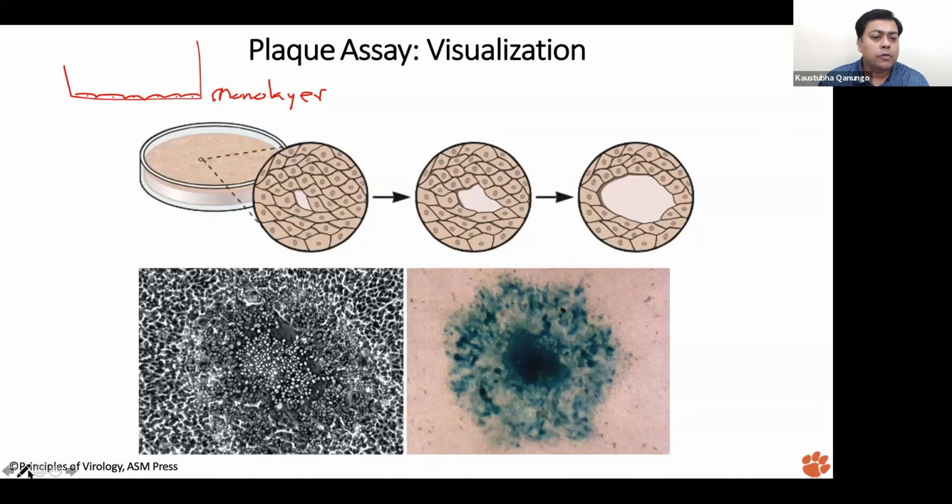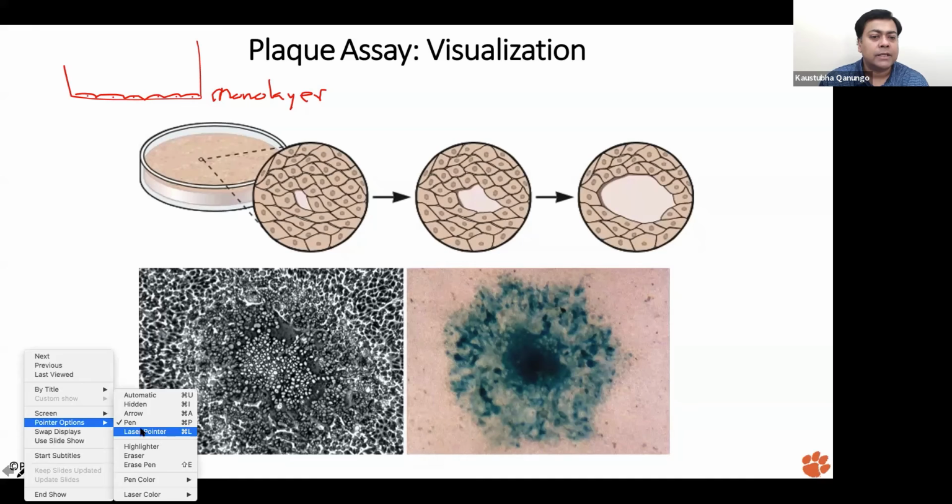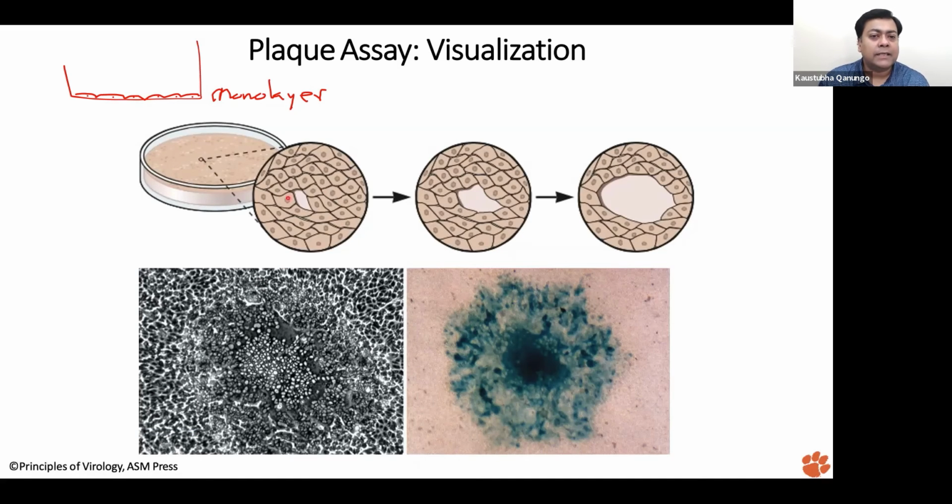What you do with this, after you infect it with a certain amount of viruses, is that it will infect a cell, and this cell will eventually die. Once it dies, it will release the viruses, and they will infect the surrounding cells. Now the surrounding cells will die, and the viruses are going to come out.